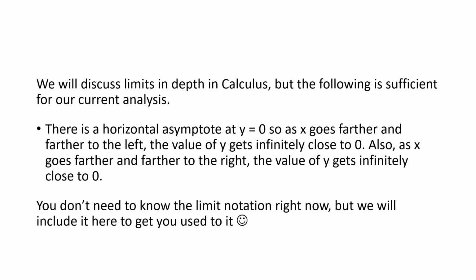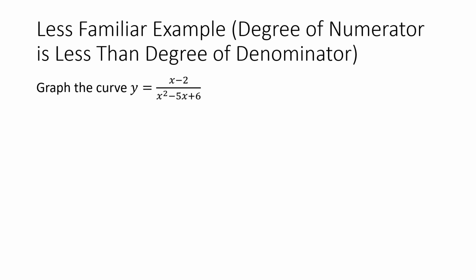And we use that notation. We're going to talk about limits in depth in calculus, but for the current discussion, we can say that there's a horizontal asymptote at y equals 0. So as x goes farther and farther to the left, y gets closer and closer to 0. And as x gets farther and farther to the right, the value of y gets infinitely close to 0.